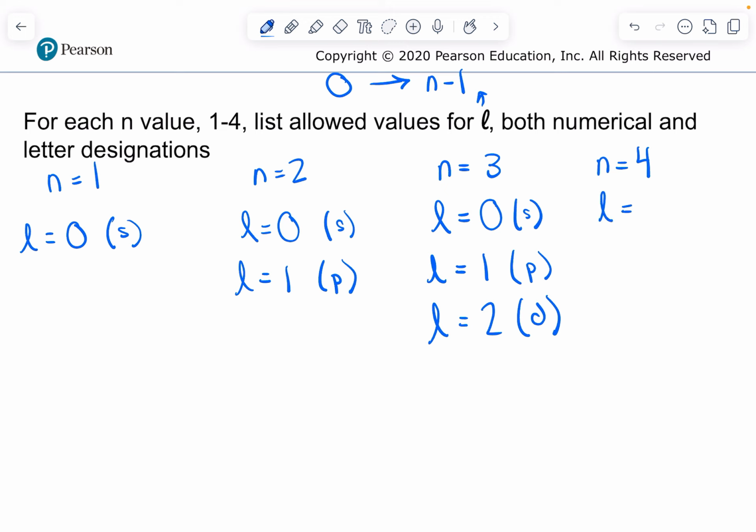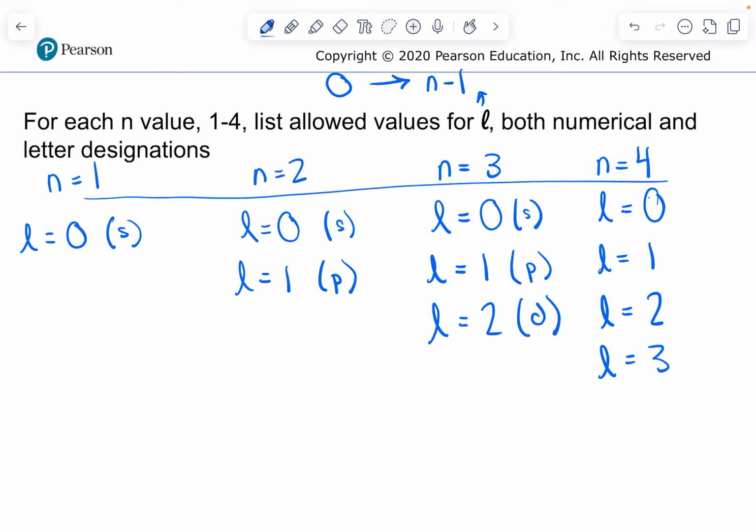And then for 4, as you might expect, we just add one more. So every energy level you go up, so I'm referring to these as energy levels or shells, every one of those that you go up, you add an additional possible L value.